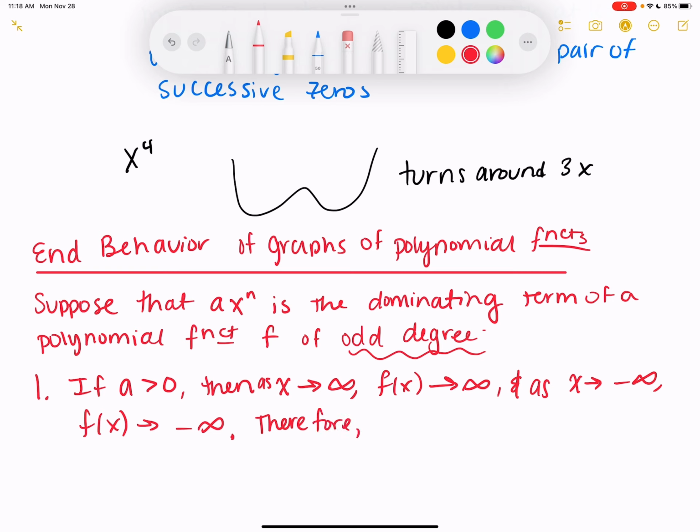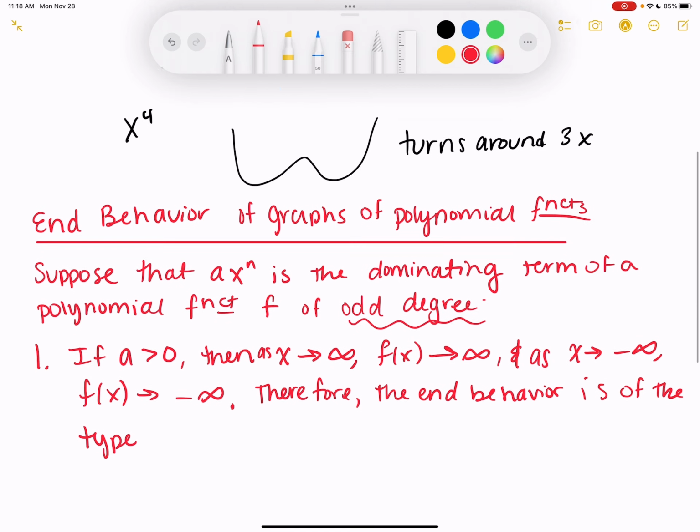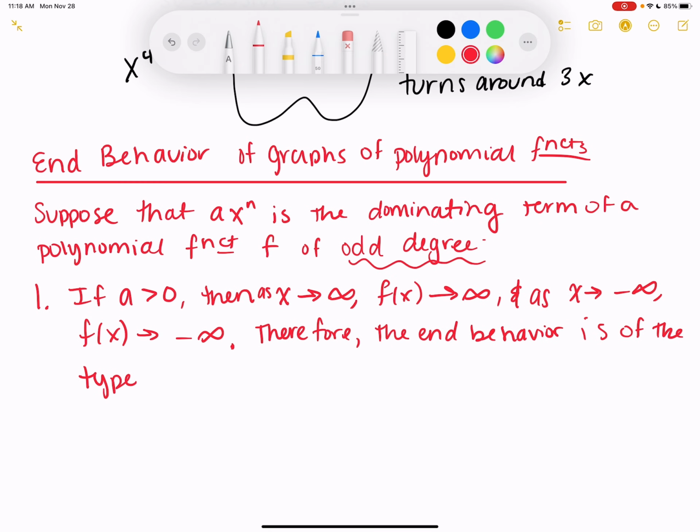Therefore, the end behavior is of the type something like this, where a is greater than 0 when n is odd.